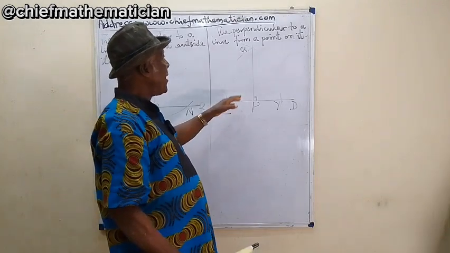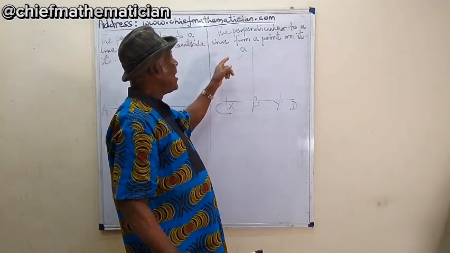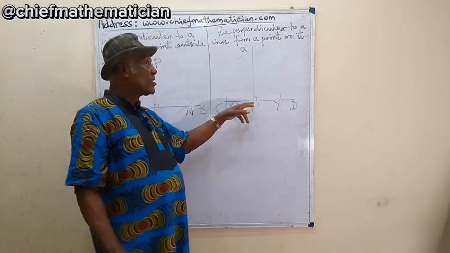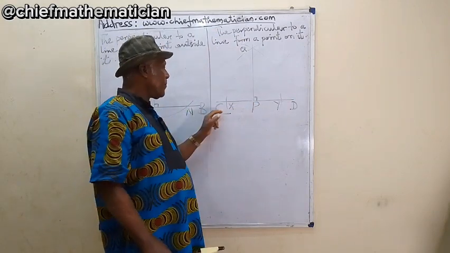Now, in the case of a perpendicular to a line from a point on it, this time P is on CD.